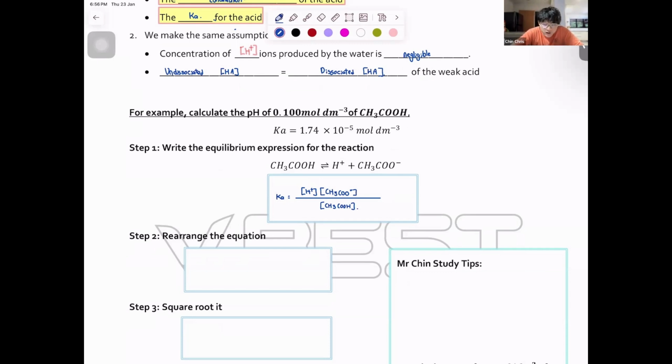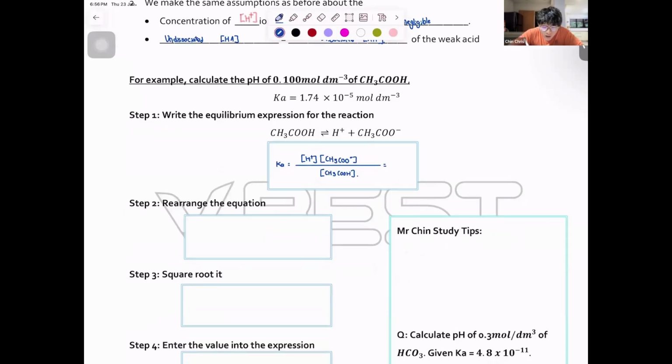And guys, after getting this, I know that the H plus concentration and your anion concentration are the same, right? So I can say that this entire equation can be written as H plus square over CH3COOH.